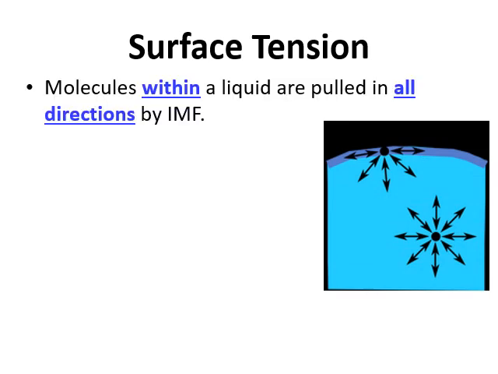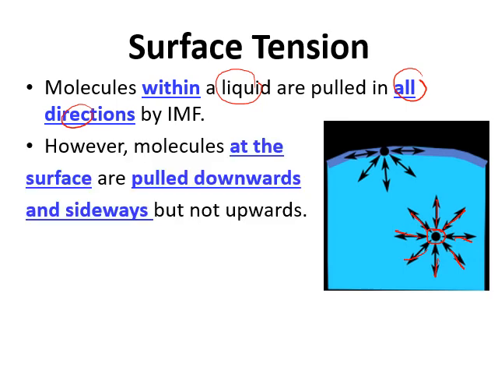Molecules within a liquid are pulled in all directions. So for example, this is the liquid molecule pulled in all directions, while the molecules on the surface only are pulled downwards and sideways.